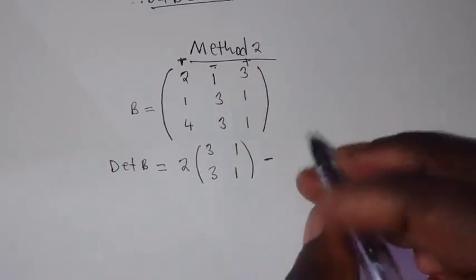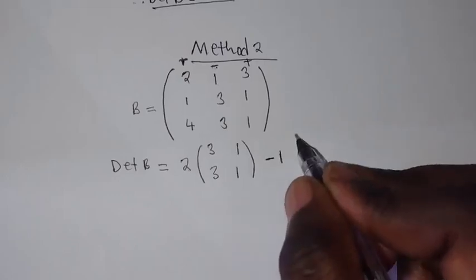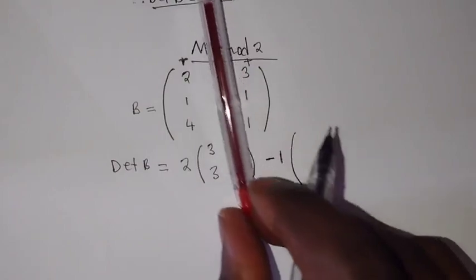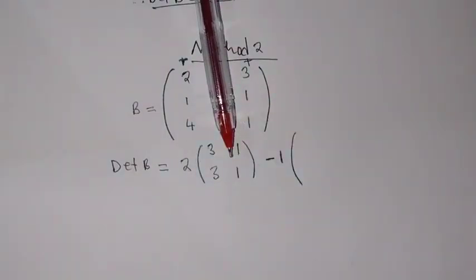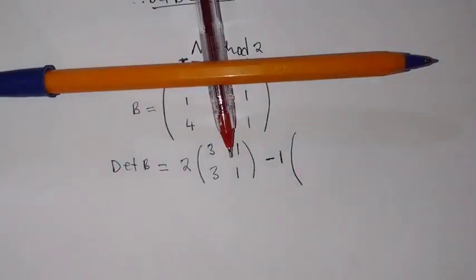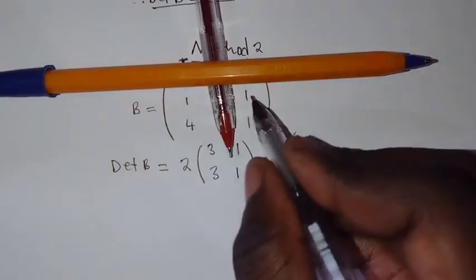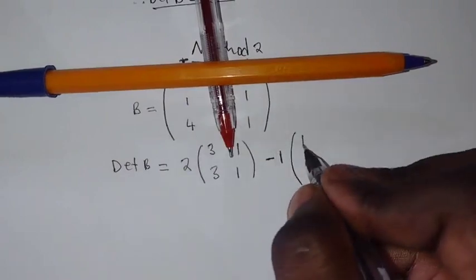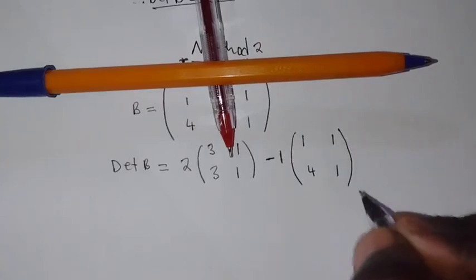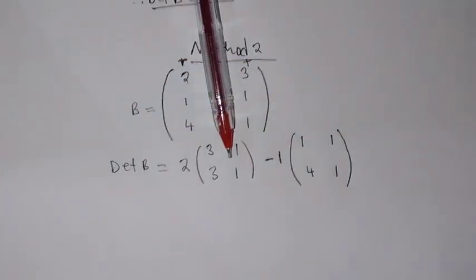So here we have a 1, so we are going to write a 1 here. Then we do the same. So when we come to 1, we are going to cover the entire column and the row like this. So we remain with 1, 1, 4, 1. We can close, okay, like this.